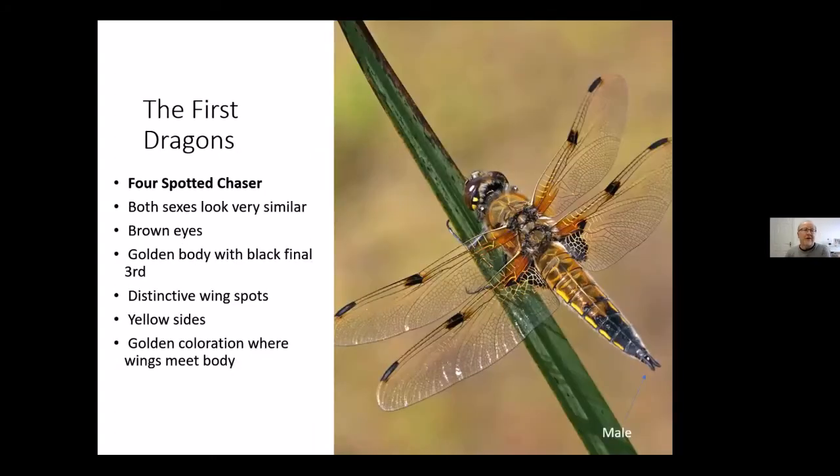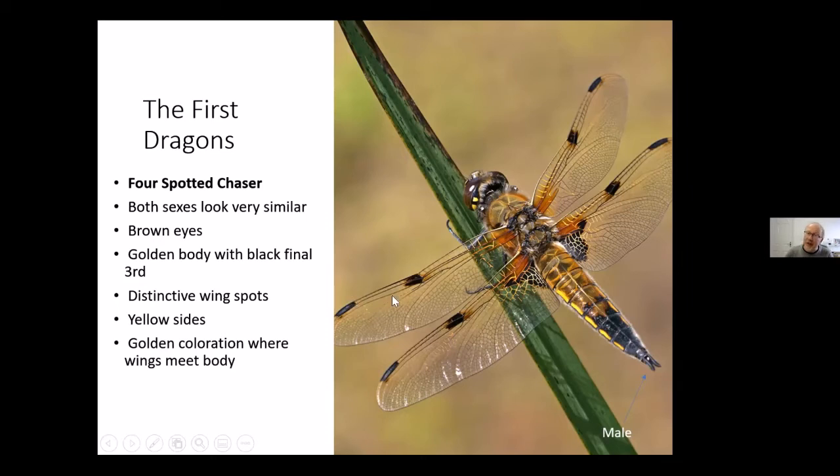Now, so far we've talked about damselflies, but the first dragonfly, and they've been out since April, to appear is normally the four-spotted chaser. How do you identify it? Well, quite easily, because when you look at the wings, it has 1, 2, 3, 4 spots.